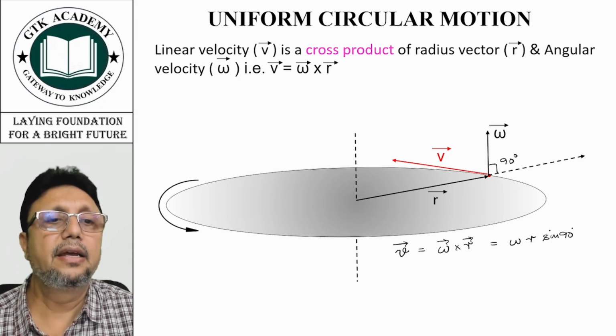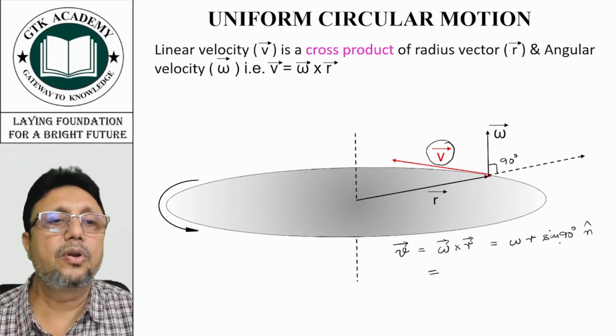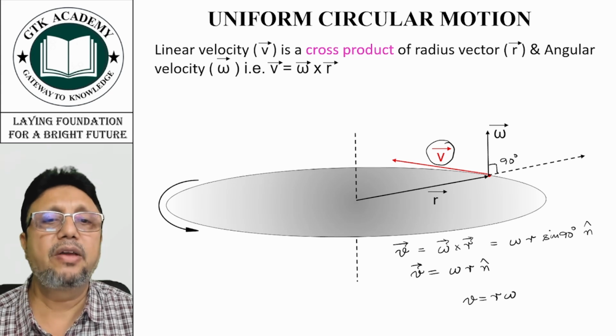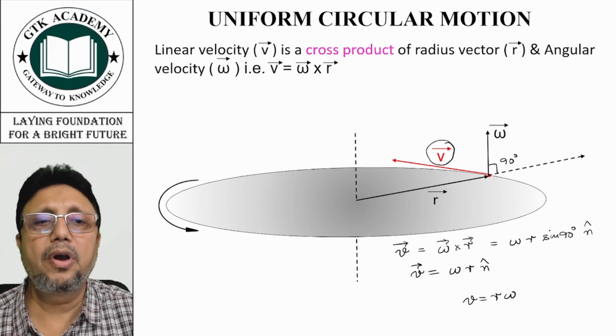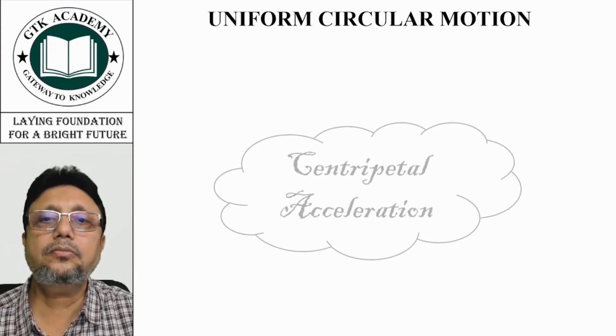Sine 90 degrees into n cap, that is the unit vector in the direction of this velocity. Now sine 90 is 1, so it is omega into r into n cap. This is in vector form. But if you just take the magnitude, v is equal to r omega. That is why we write it like this. I hope you have understood this.